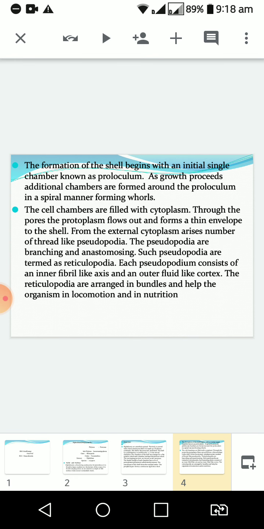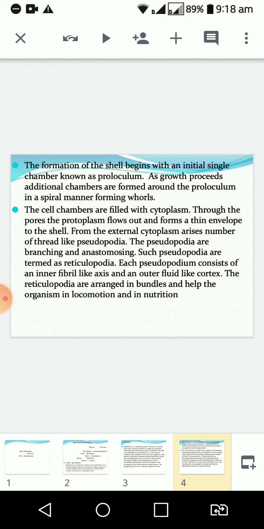The external cytoplasm gives rise to a number of thread-like pseudopodia. These pseudopodia are branching, thread-like structures present on the shell. Every pseudopodium contains an inner fibrillar axis and an outer fluid cortex.